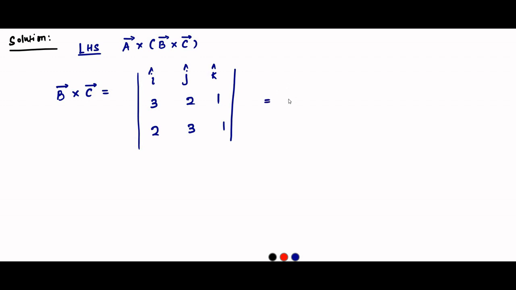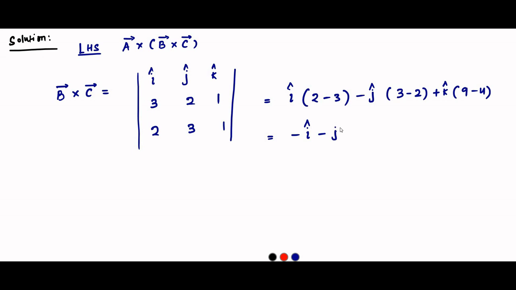So we'll calculate: i cap into 2 minus 3, minus j cap into 3 minus 2, plus k cap into 9 minus 4. So that is equal to minus i cap minus j cap plus 5 k cap. That is b vector cross c vector.